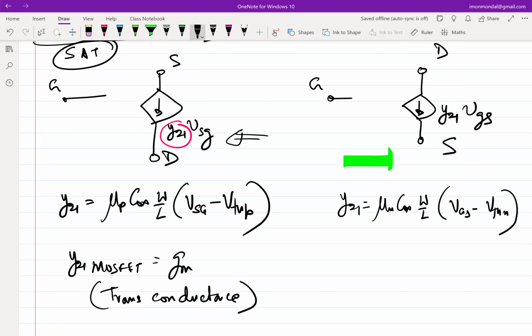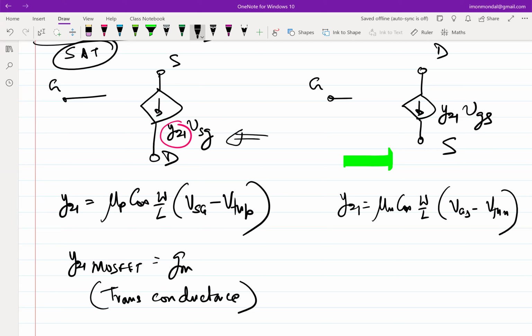One of the reasons, as you must have faced while doing the assignments, is that almost invariably the source in most of the cases we have done goes to ground, right? So it becomes Y21 times V minus VG, right? Then you have to flip the direction of the current source and make it positive, and all those things.